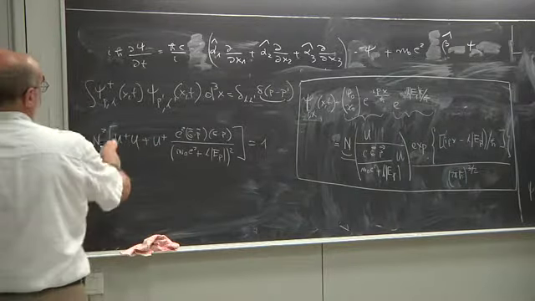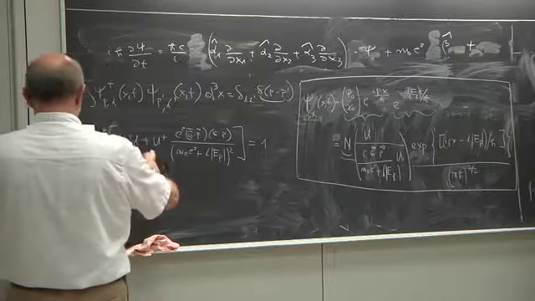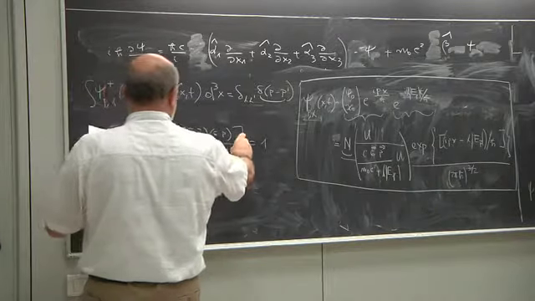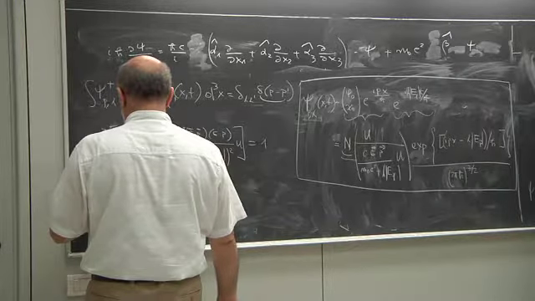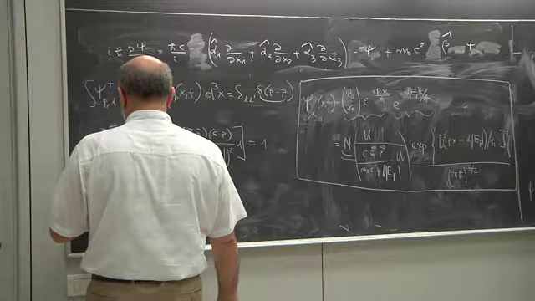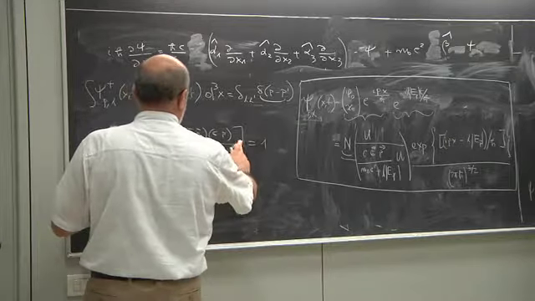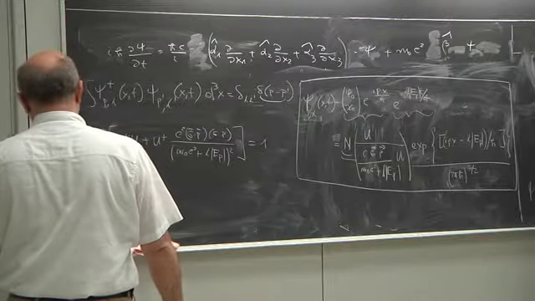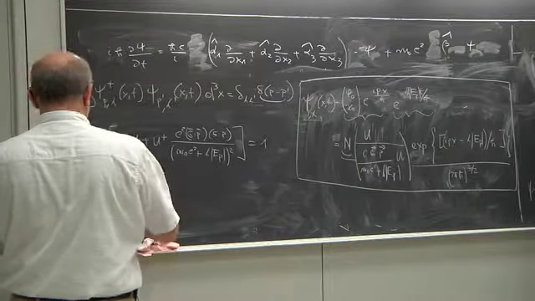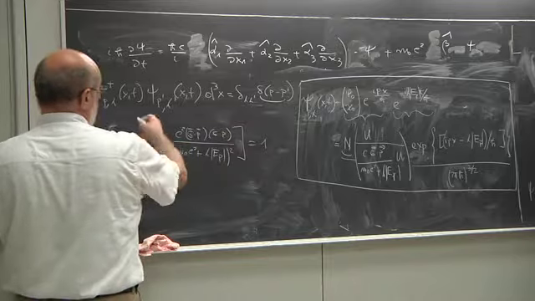Well, remember that this is 1. Sorry, here there is a u. No, there is no u here. U dagger times that matrix. Anyhow, if you work this out, I will not.